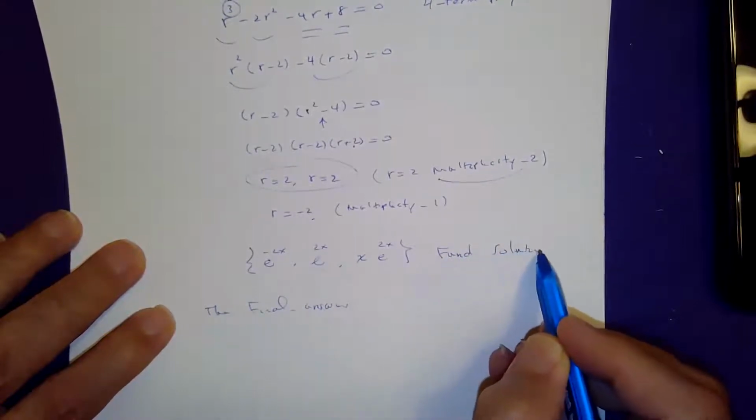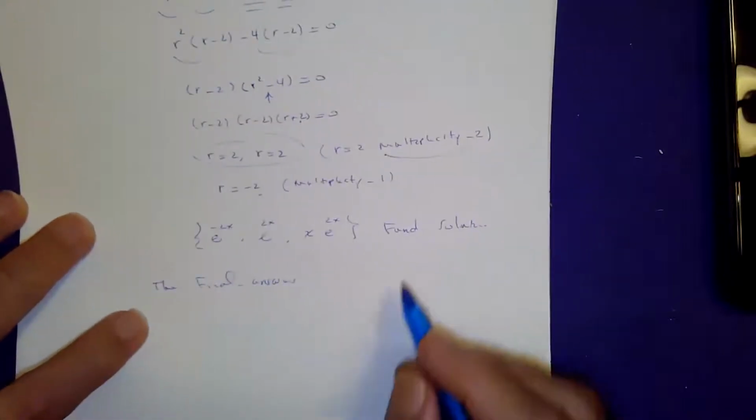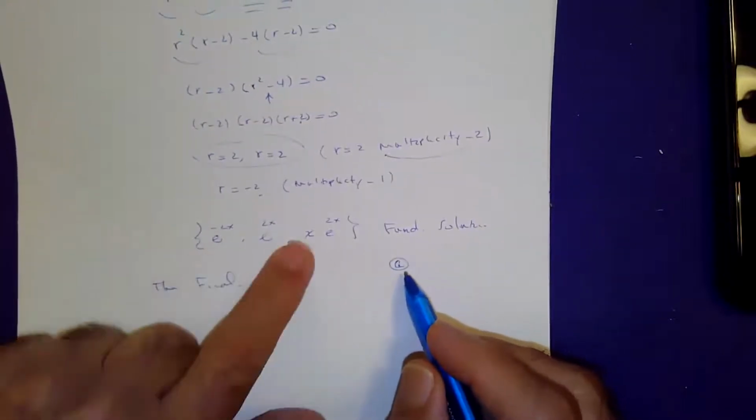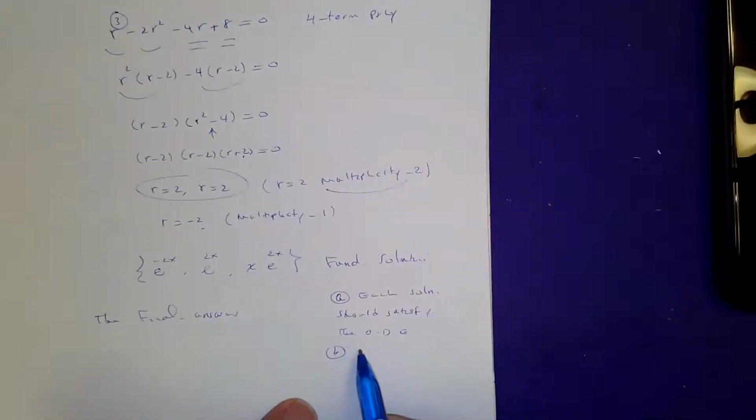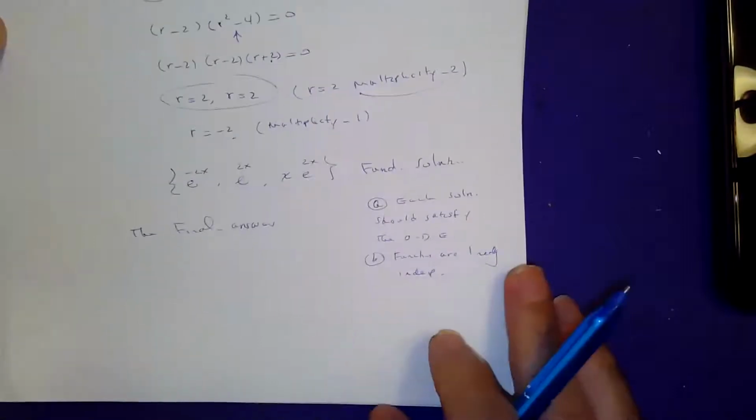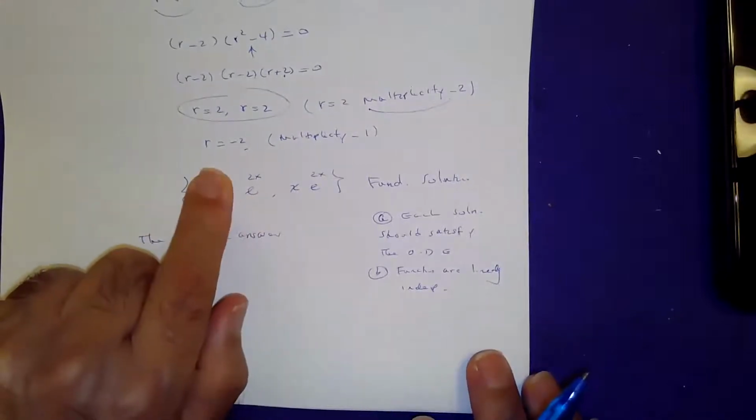And remember, fundamental solutions are supposed to satisfy 3 conditions. What were the conditions? Each solution should satisfy the ODE, that's one condition. The other condition is that the functions should be linearly independent, which I haven't shown you how to do when you have more than 2 functions.